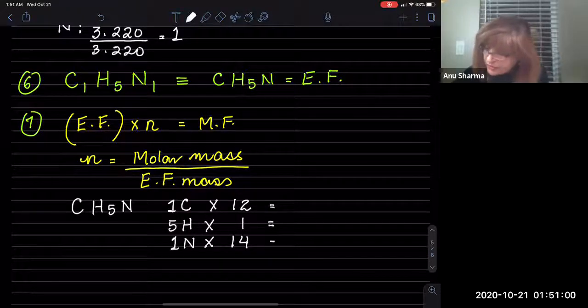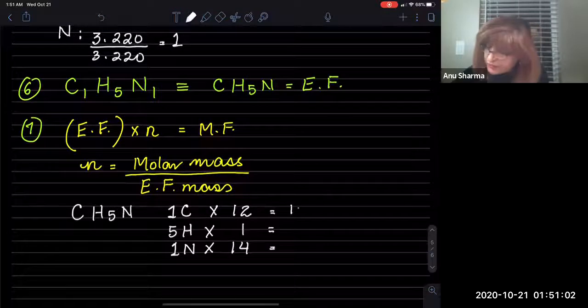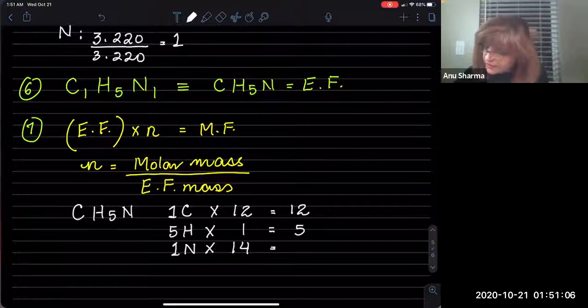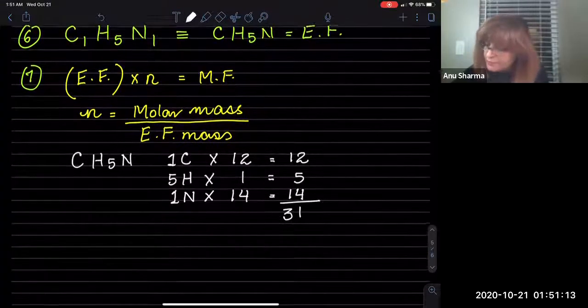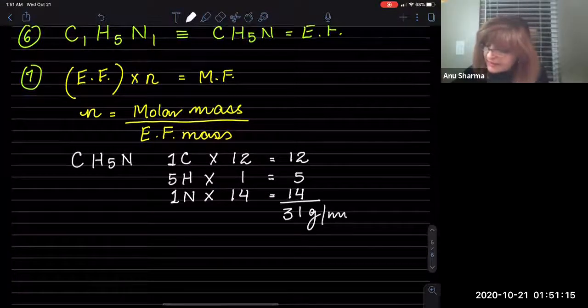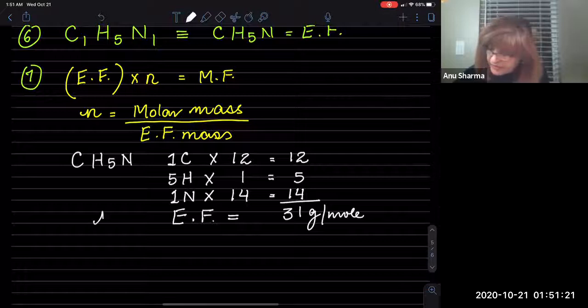And you are going to get 12 from the carbon, 5 from hydrogen, and 14, so 10, 11, and 31 grams per mole. So this is coming from the empirical formula mass. Just remember that this is coming from the empirical formula mass.